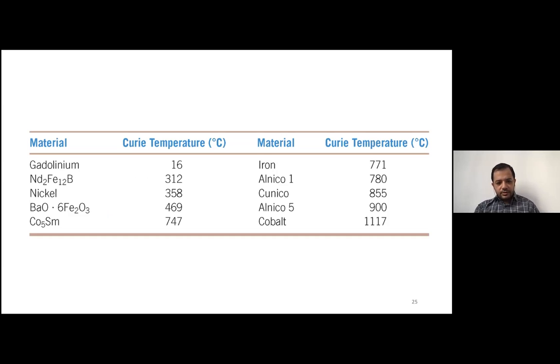For instance, gadolinium is 16, nickel is 358 degrees Celsius, and something like cobalt is 1,117 degrees Celsius. And so the material, when it gets to that temperature, will not exhibit this sort of hysteresis behavior, right?